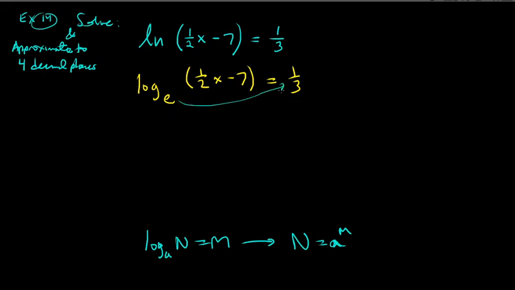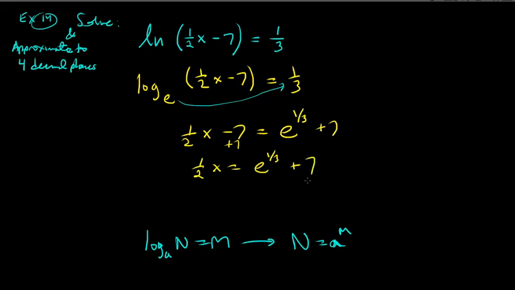So kick the e over to the other side, and that knocks the 1/3 into the exponent of e. So this is e to the 1/3, which is just some number. We can figure that out later. Now we just add the 7 to both sides. So we have e to the 1/3 plus 7 on the outside.